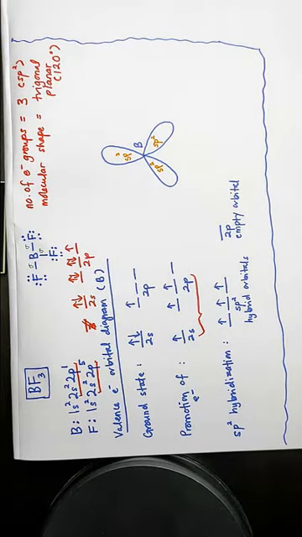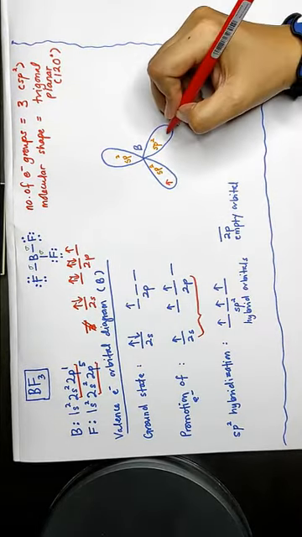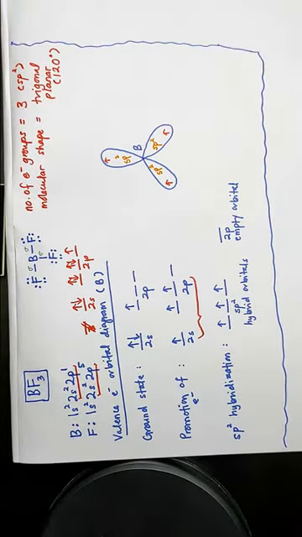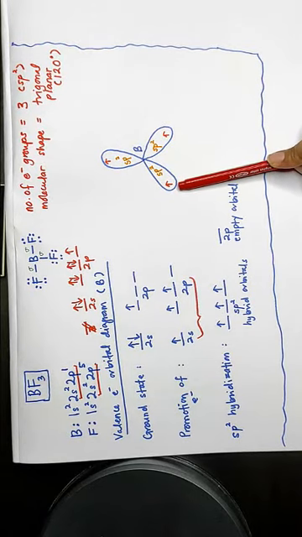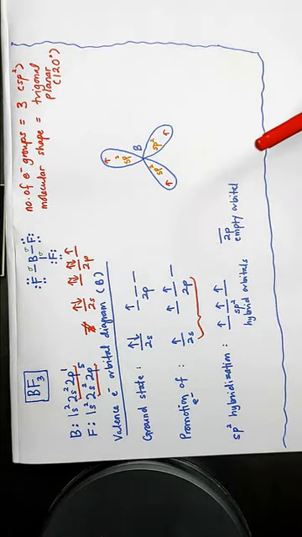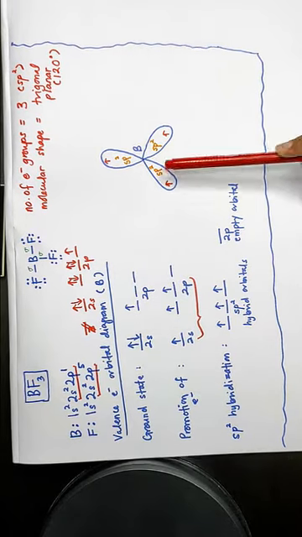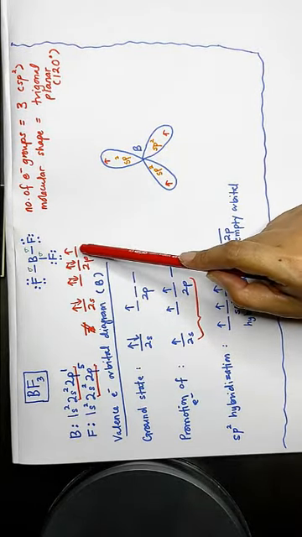In each sp2 hybrid orbital of boron, there is one unpaired electron, and this electron will be shared with one valence electron of fluorine. How is it shared? It must involve overlapping of orbitals. One sp2 hybrid orbital will overlap with the 2p orbital of fluorine that has the unpaired electron.